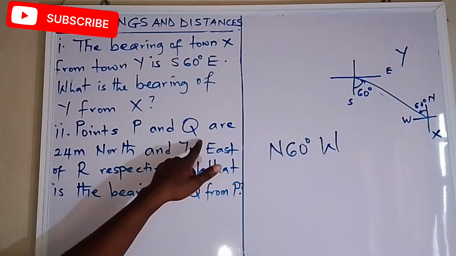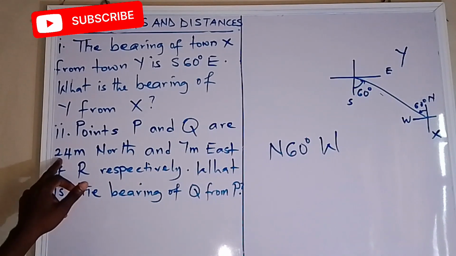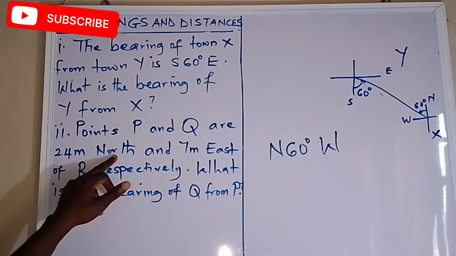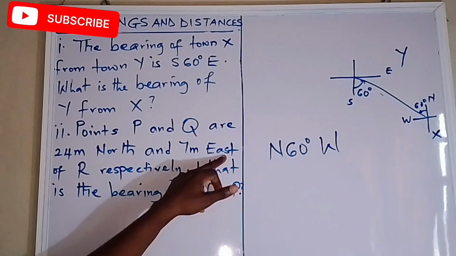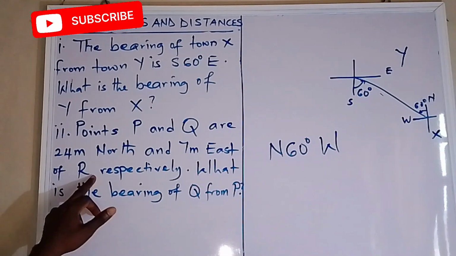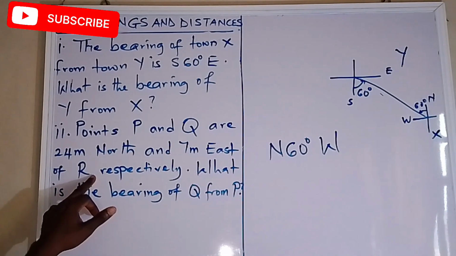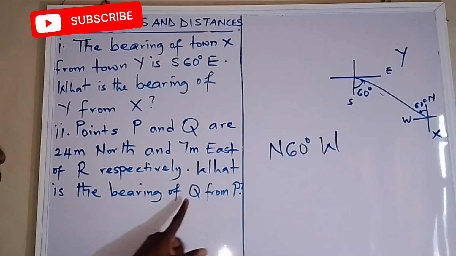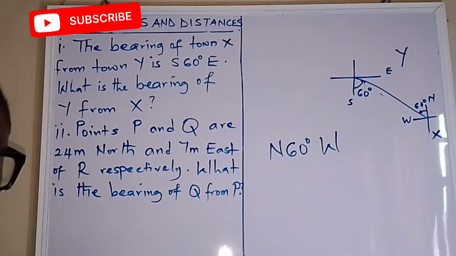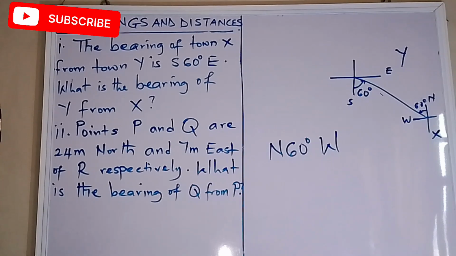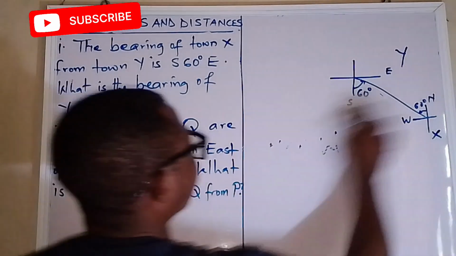Points P and Q are 24 meters north and 7 meters east of R, respectively. What is the bearing of Q from P?